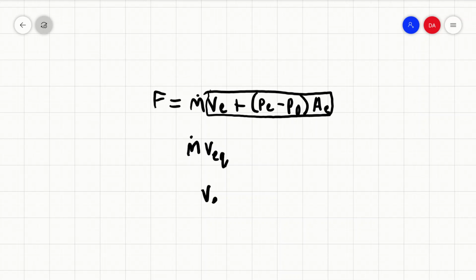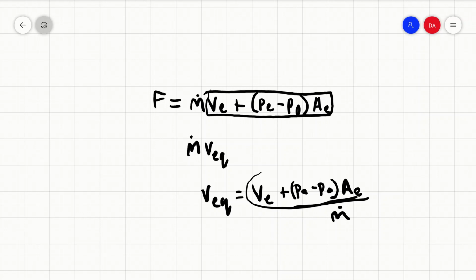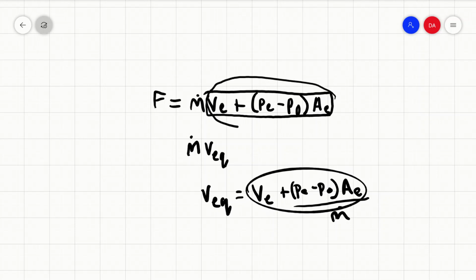And v equivalent is just equal to V_E plus (P_E minus P_0) times A_E divided by m dot. So when you multiply the equivalent by m dot, the m dots cancel, and this is equal to this.